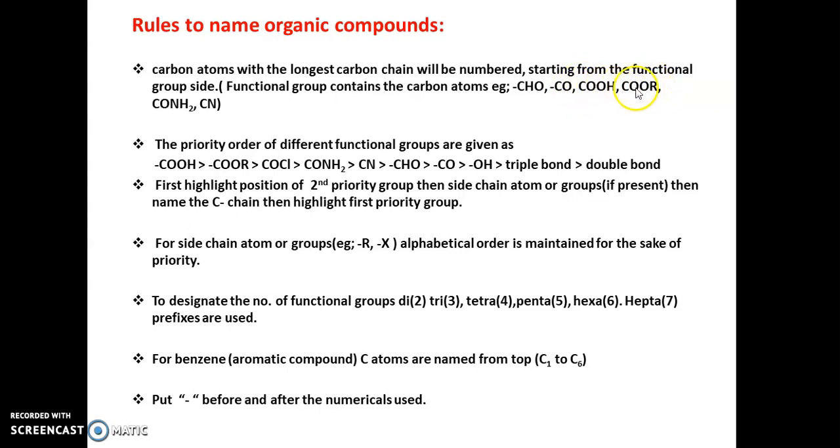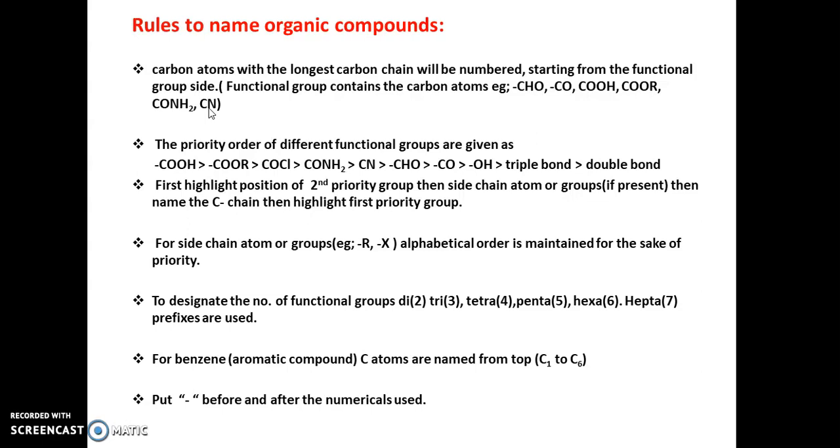COOR, the ester group, contains a carbon atom, so it will be numbered. The amide group CONH2 contains a carbon atom, which is also numbered. The cyano group contains a carbon atom, that is also numbered. So we have to number the carbon atoms following the longest carbon chain present in that compound.